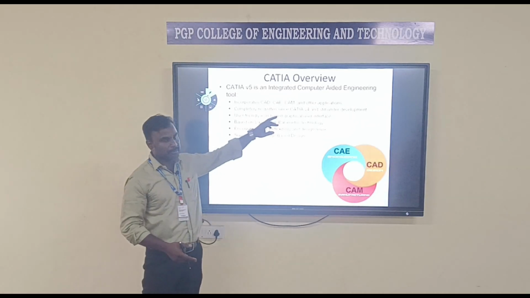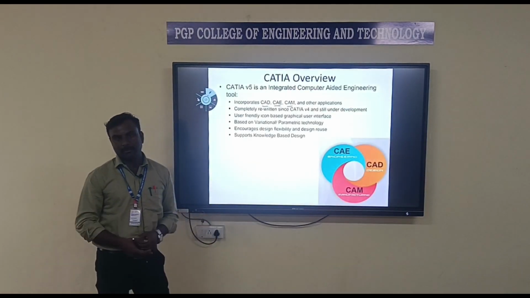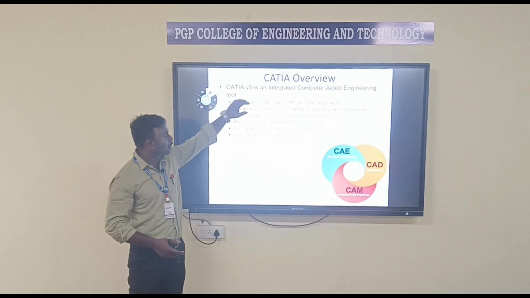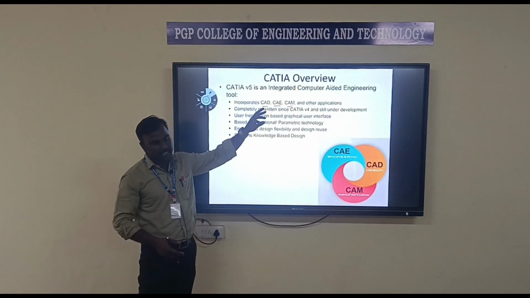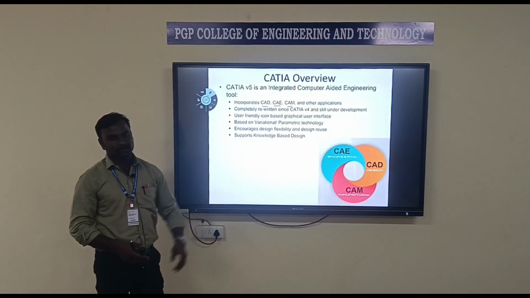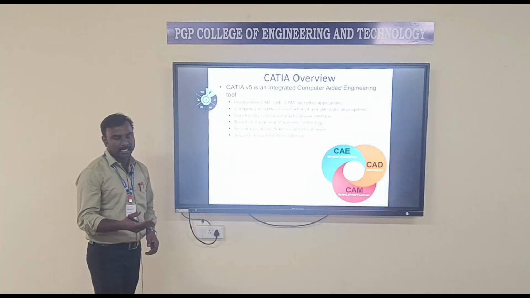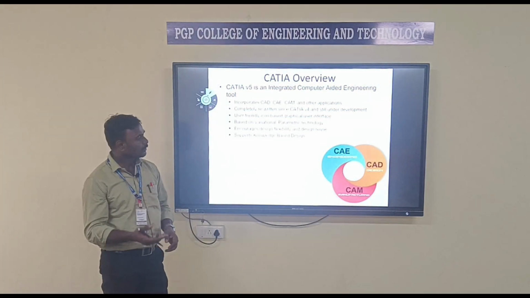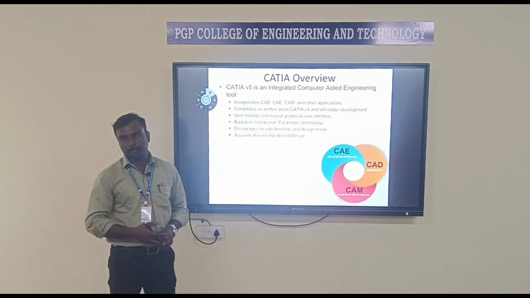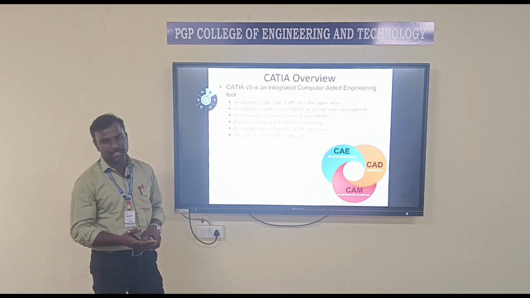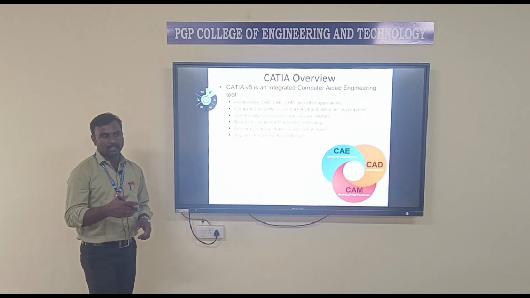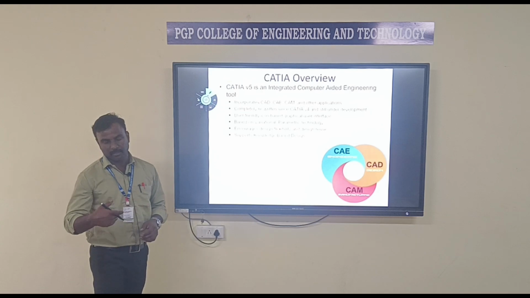The next one is CAM. CAM is nothing but computer aided manufacturing. Once we do the design work, we can import the file to CAM software. CAM software can create manufacturing programs, part programs, by using G code and M code. A large number of codes are available.